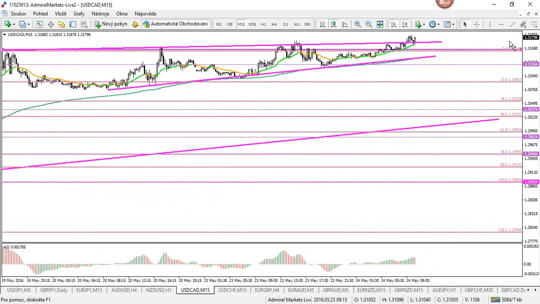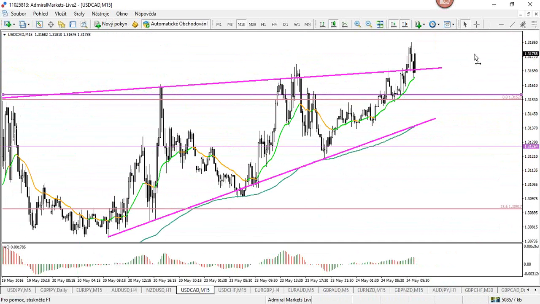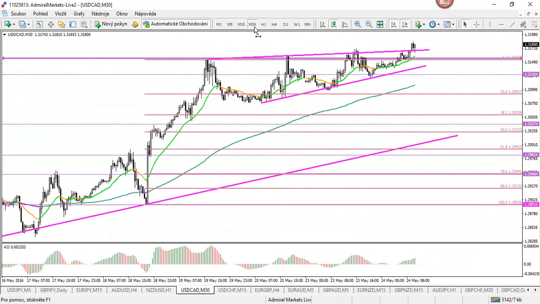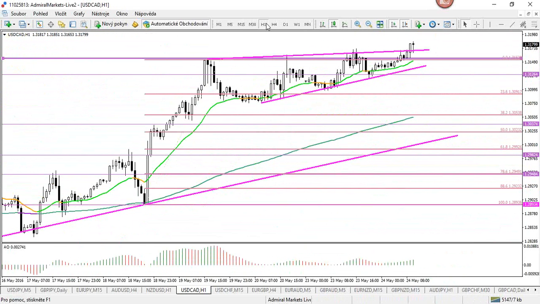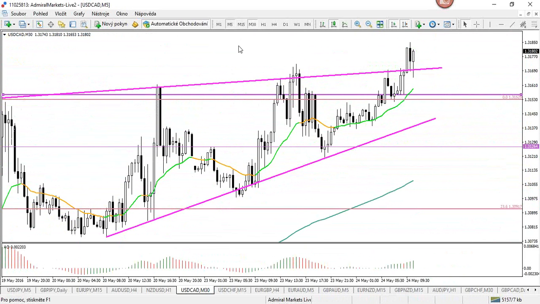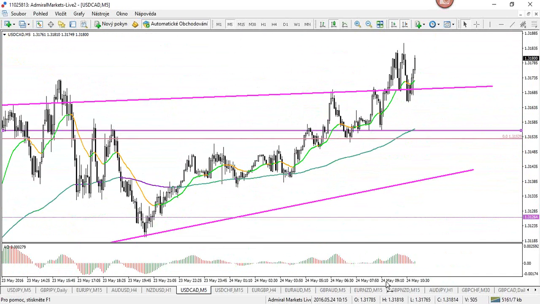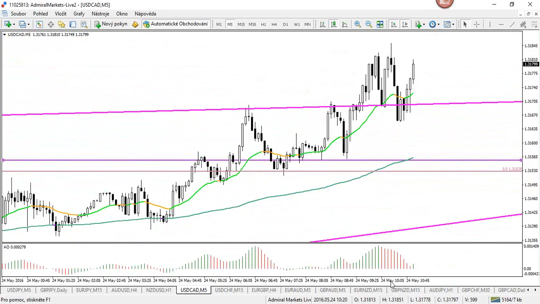So has the pattern broken? That's the next question. Let's take a look. This is a 30-minute pattern, I would say, or an hourly. Both have good candles above that line, as you can see. So zooming into the 5-minute chart, we get to see a bull flag. Price already made a kind of a correction here.